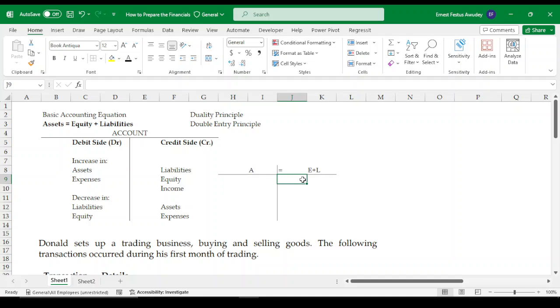And whenever there is an equity or a liability component in that transaction, and the equity or the liabilities is increasing in that transaction, then you are going to credit it, and that is put at the right side of the T account. So that is the basics.